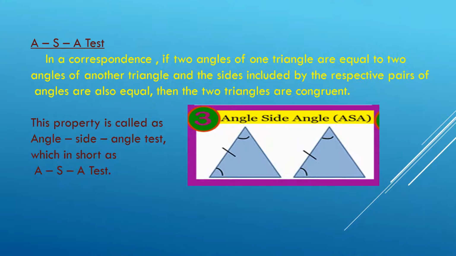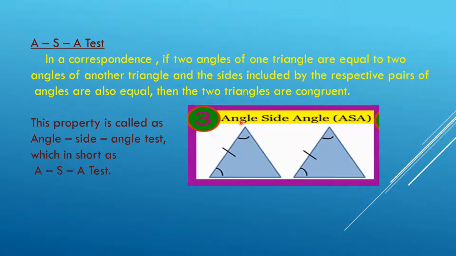Third one, ASA test. In a correspondence, if two angles of one triangle are equal to the two angles of another triangle and the sides included by the respective pairs of angles are also equal, then the two triangles are congruent.